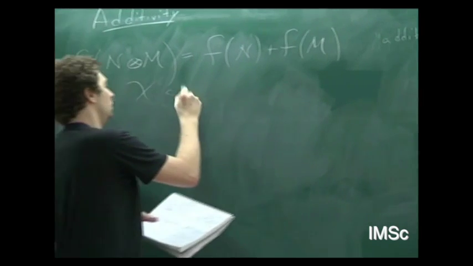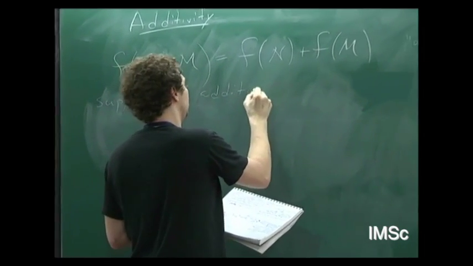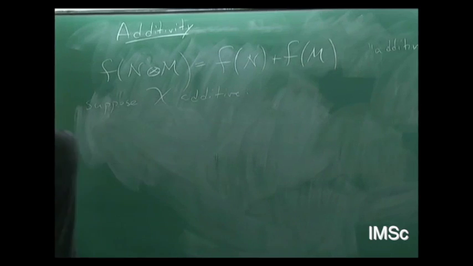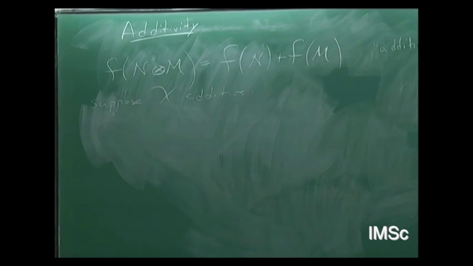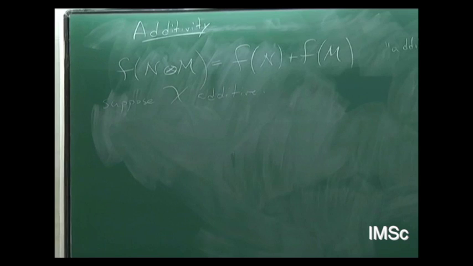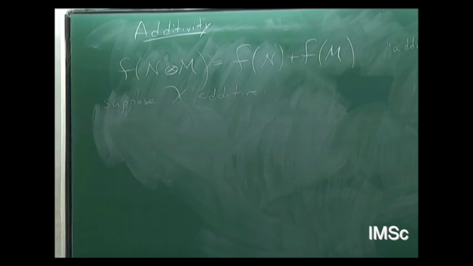Now let's suppose that chi is additive. So what implications does that have for over here? Yeah, it all factors out.